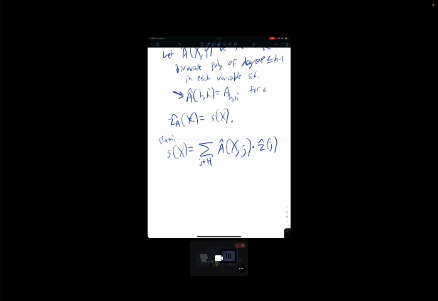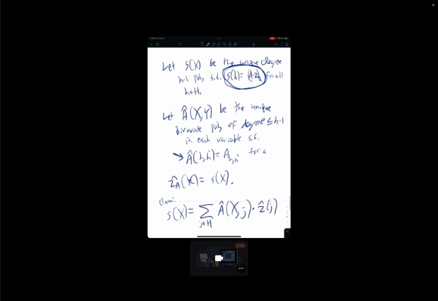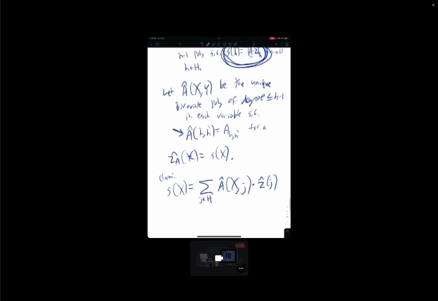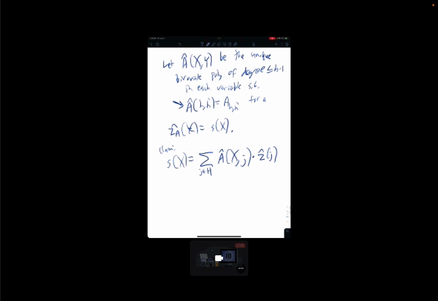So in order to check this claim, we have to check two things. Remember, S is defined to be the unique polynomial of degree at most n minus 1 with this pointwise behavior, that is S of h equals A times Z, hth entry, for all nth roots of unity little h.